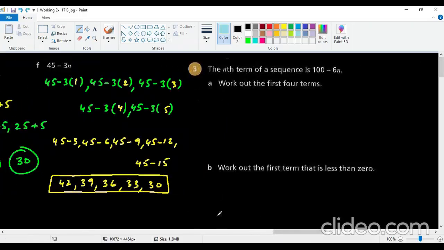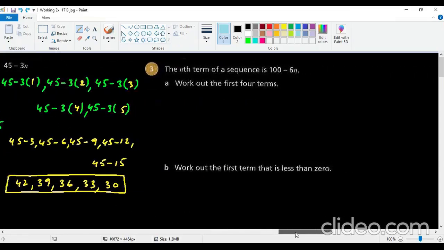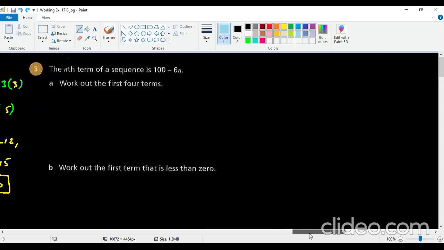Now moving on to question number 3. Now in here it says work out the first 4 terms. That means I need to write this term rule 4 different times. 100 minus 6 times 1, 100 minus 6 times 2, 100 minus 6 times 3, and 100 minus 6 times 4.